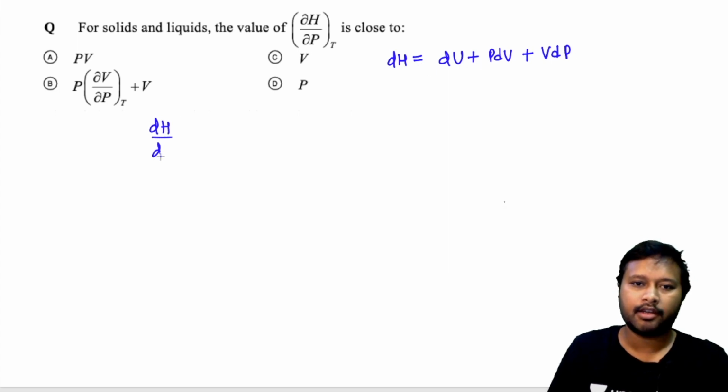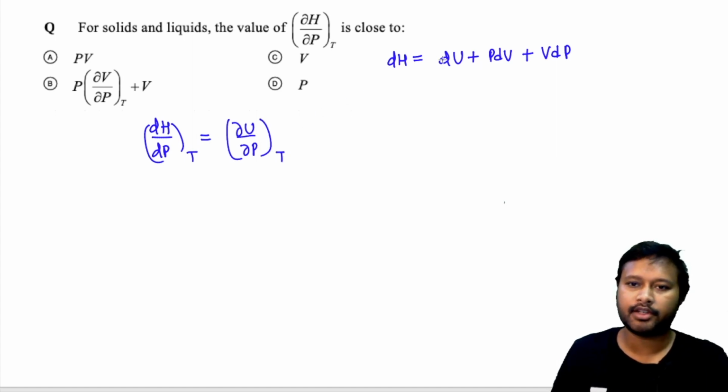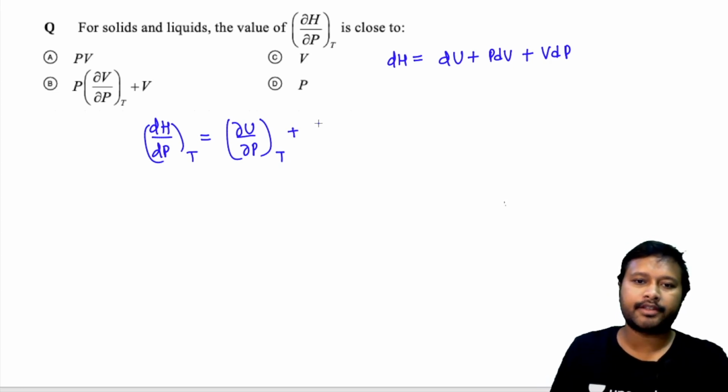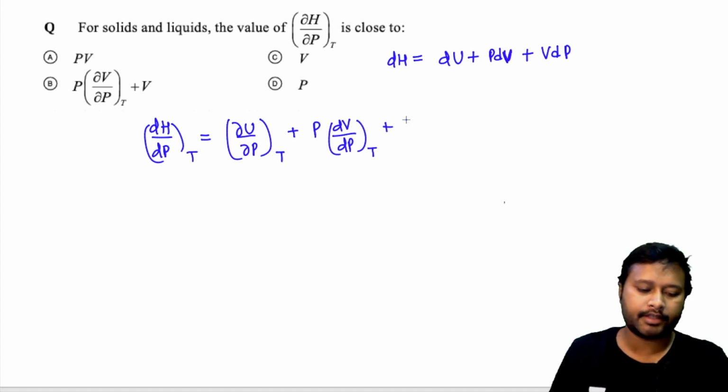So dH by dP at constant T will be equal to del U by del P at constant T. I am just differentiating the whole equation with respect to P, keeping temperature constant, plus P times dV by dP at constant T, plus V, because dP when differentiating with respect to P will become 1. Fine, so this is what I have got.